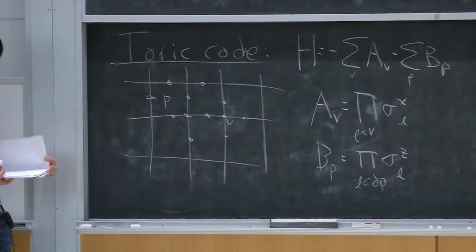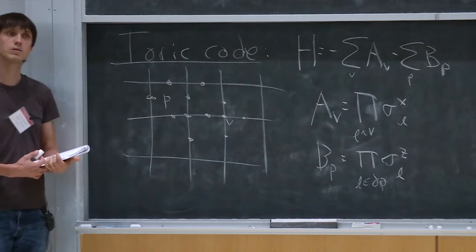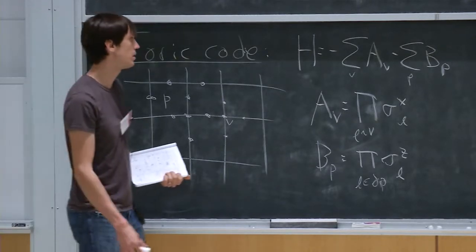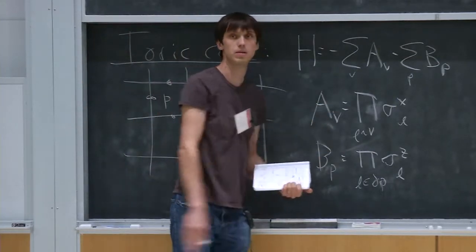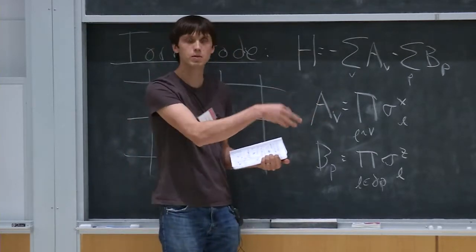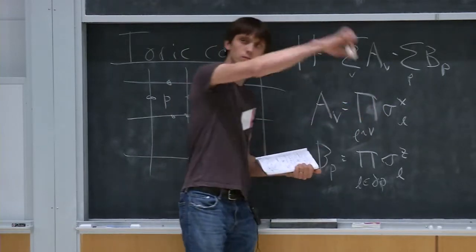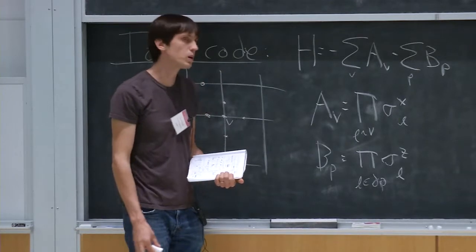So there's a common eigenbasis for all these terms and the Hamiltonian which is built out of them. To find the ground state, it's sufficient to simply find the highest eigenvalue eigenstate of all these A's and B's. That's pretty simple because Pauli matrices all square to plus 1, so Pauli matrices have eigenvalues plus or minus 1. This term is built as a product of Pauli matrices, so it only has eigenvalues plus or minus 1.